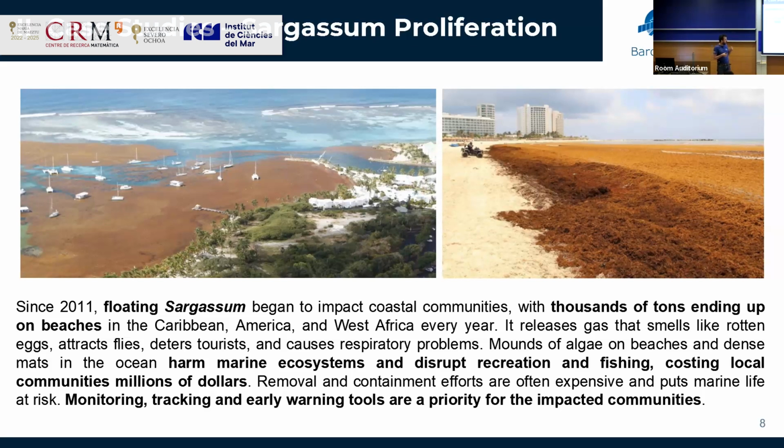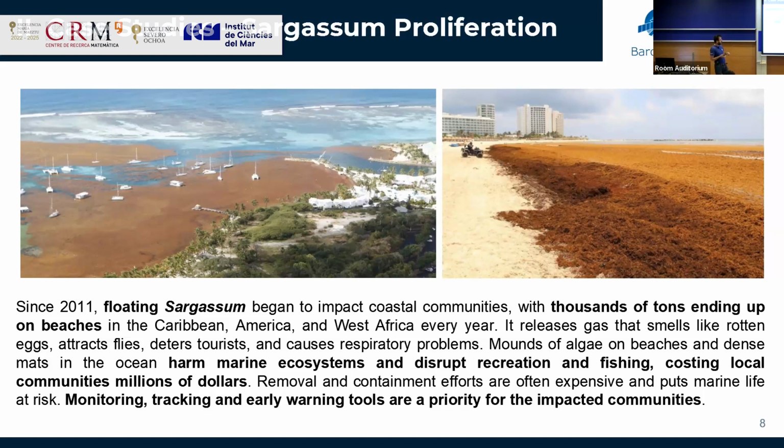And the problem with this seaweed is that as it's floating, it's dragged by currents, ends up in coastal areas, and it's very bad for tourism, damages fishing, and creates a huge economic impact on all these communities working in or living in these areas.